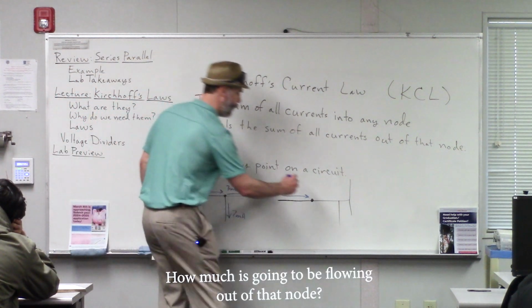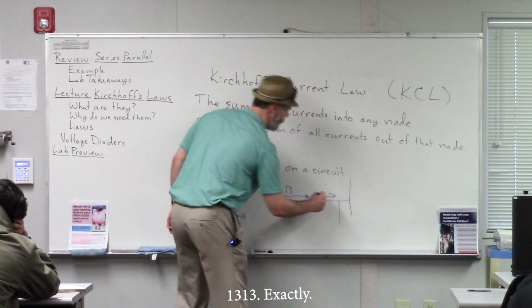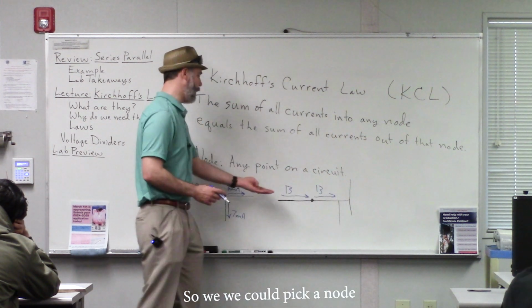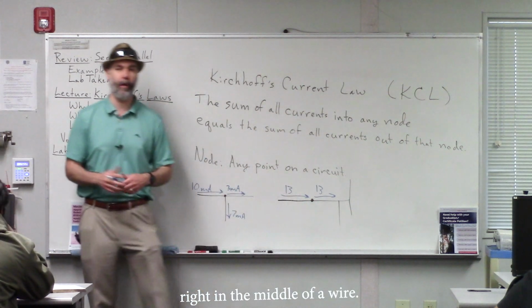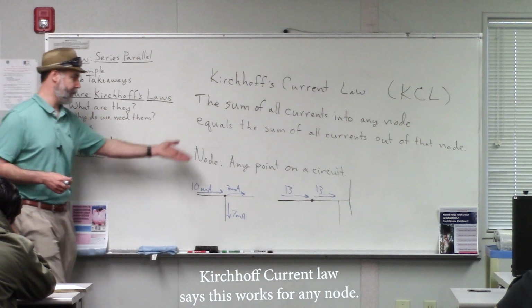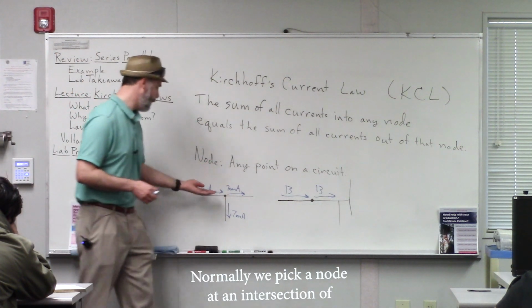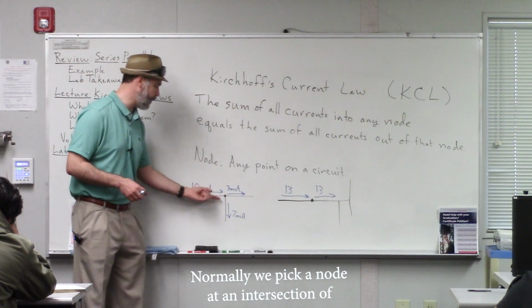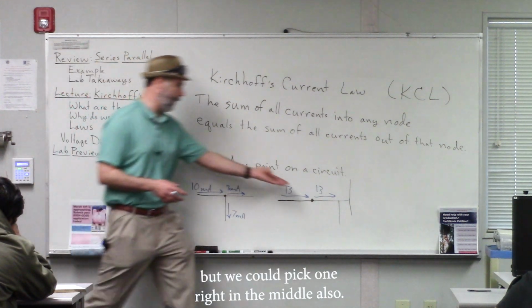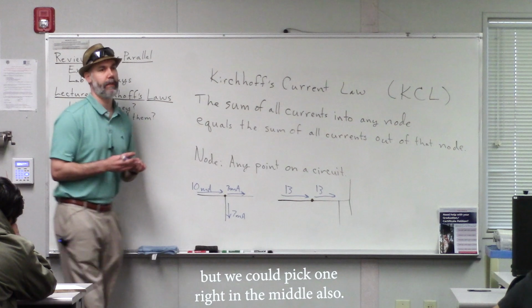How much is going to be flowing out of that node? 13, exactly. So we could pick a node right in the middle of a wire. Kirchhoff's current law says this works for any node. Normally, we pick a node at an intersection of several wires because that's more interesting, but we could pick one right in the middle also.